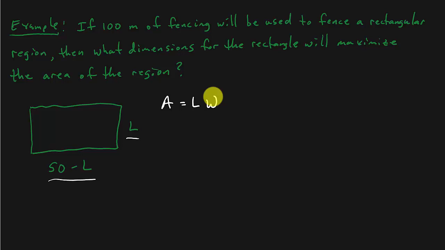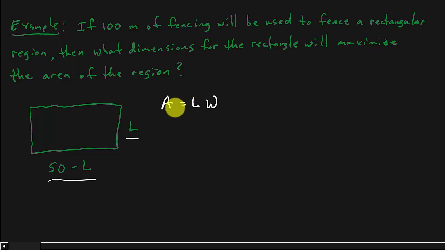You see that? So, what do we have here? So, what's the length? L, 50 minus L, it doesn't matter. One's length, one's width. We'll say L is the length, and we'll say this is W. Now, that's going to be length times width.